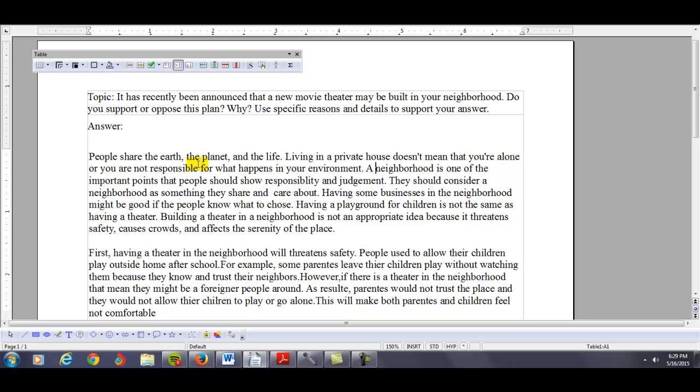So a neighborhood is one of the important points that people should show responsibility and judgment. They should have responsibility and judgment.